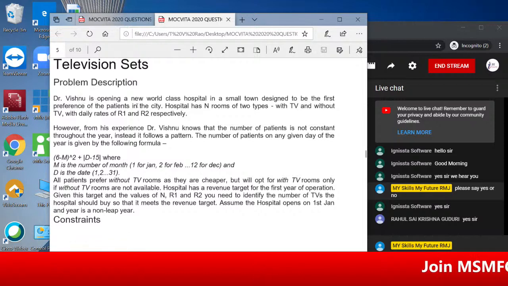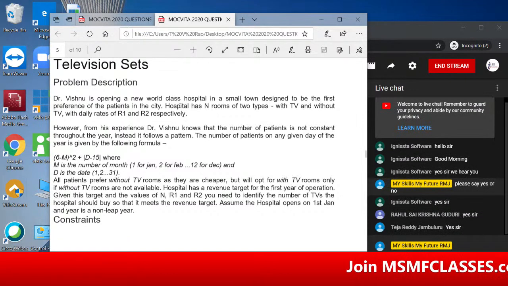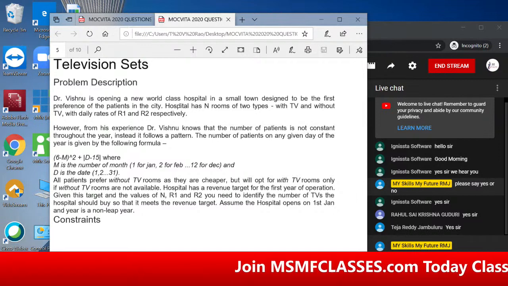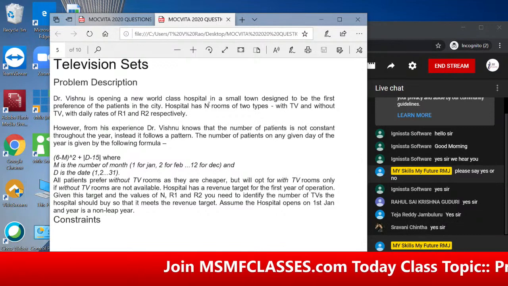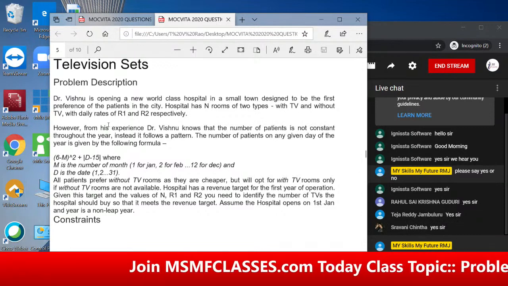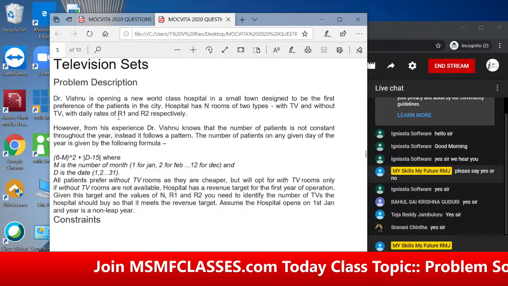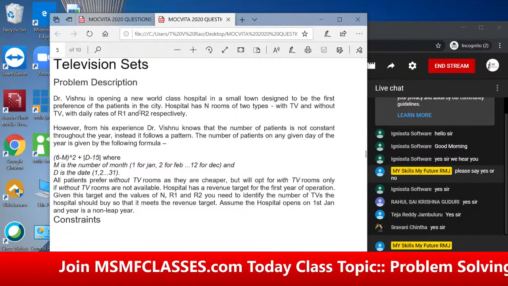Dr. Vishnu is opening a hospital in a small town, designed to be the first preference of the patients in the city. The hospital has N rooms of two types, with TV and without TV, with tariffs R1 and R2 respectively.